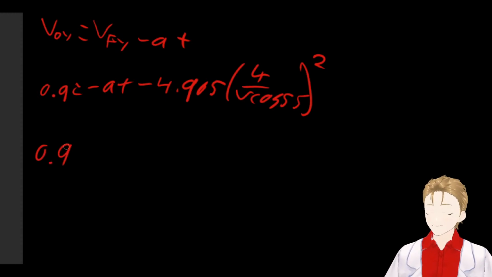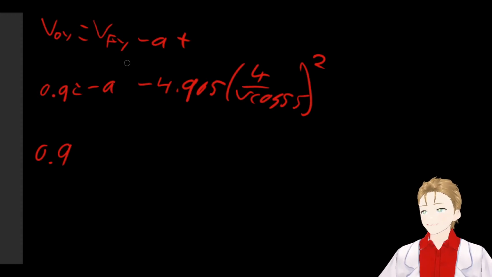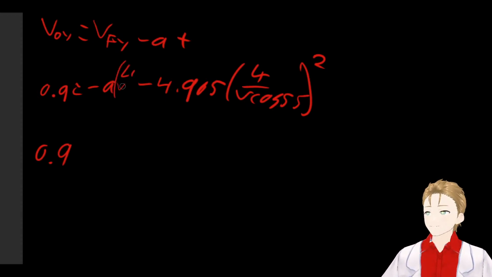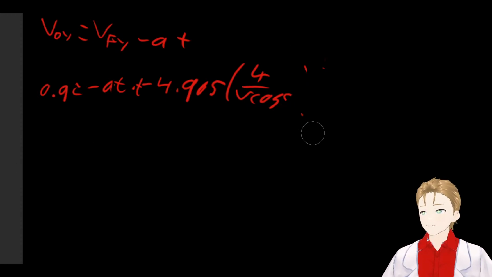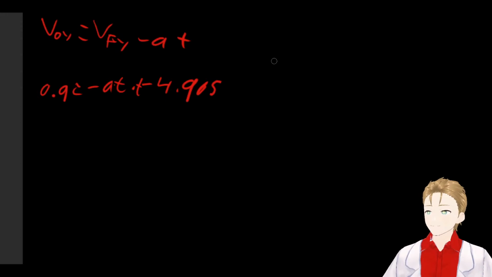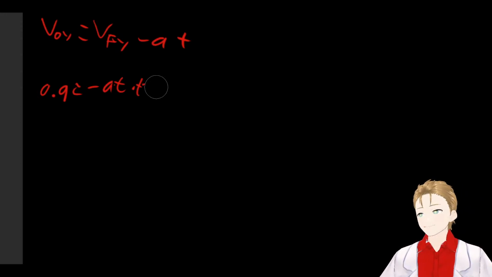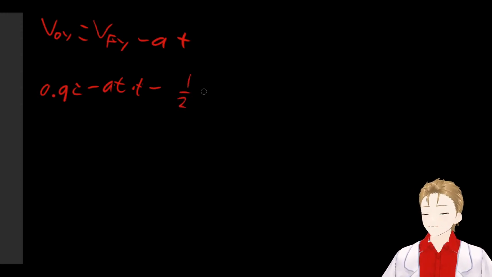So 0.9. Wait, this t should also be for 18. Oh yeah, times t. Wait, what? Wait a minute. Wait a minute. No. Nope. Previously, 80. No. 1/2.